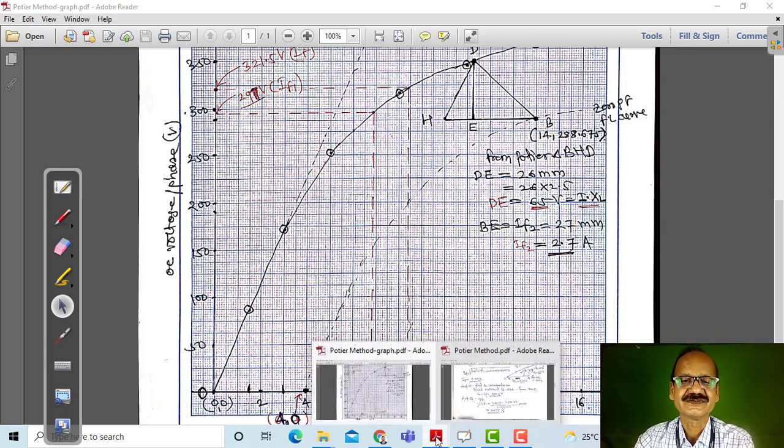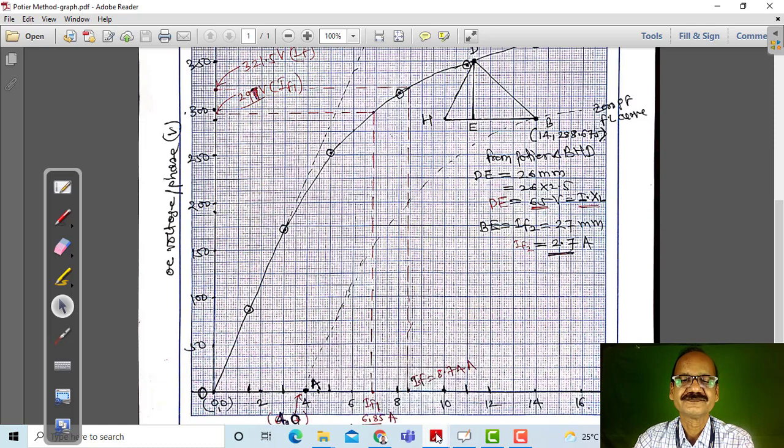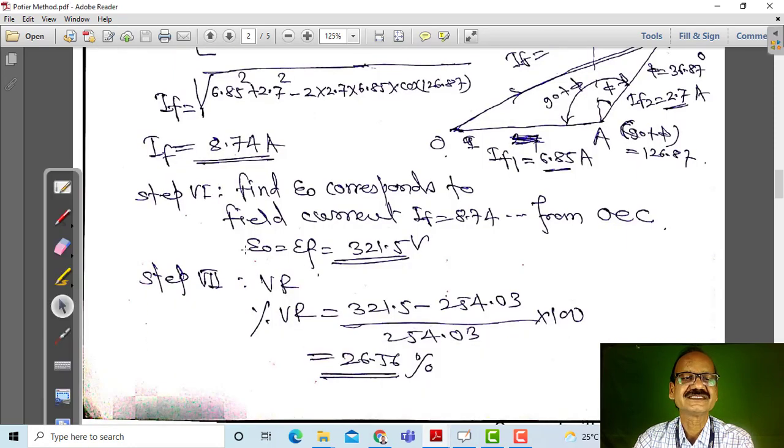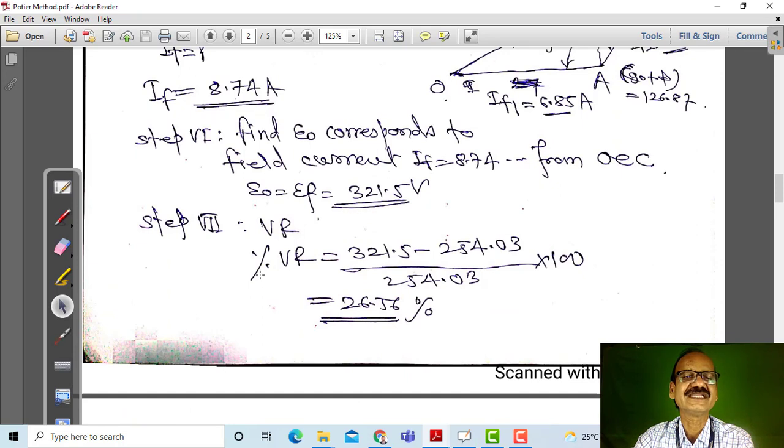Corresponding to this, we can find out the voltage regulation. Voltage regulation is no load voltage per phase minus full load voltage per phase divided by full load voltage per phase. In other words, (EPH minus VPH) upon VPH into 100, and the answer is 26.57%. So this is the voltage regulation obtained at a lagging power factor.